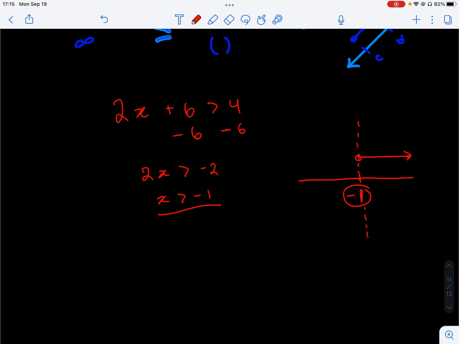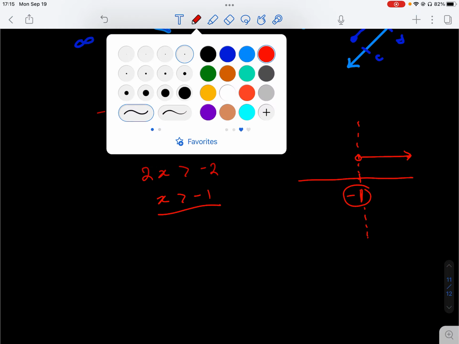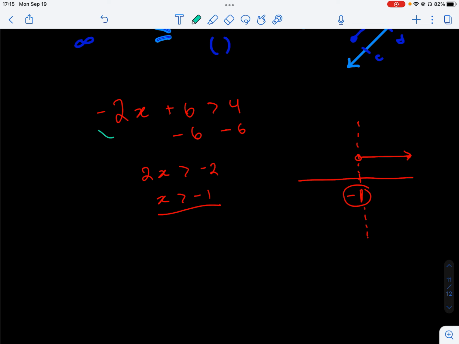However, there is something we need to consider, and that is the case where we have what we call a negative coefficient. Remember, if you have a variable, the number in front of it, here the negative 2, is called a coefficient. And if it is a negative coefficient, meaning there's a negative sign here, there's an interesting result that occurs.